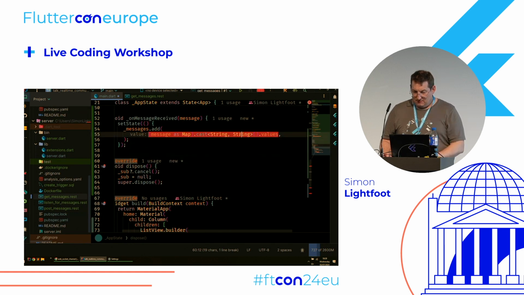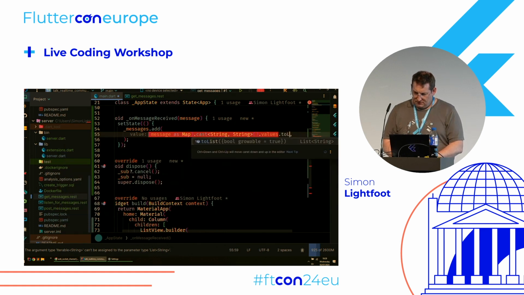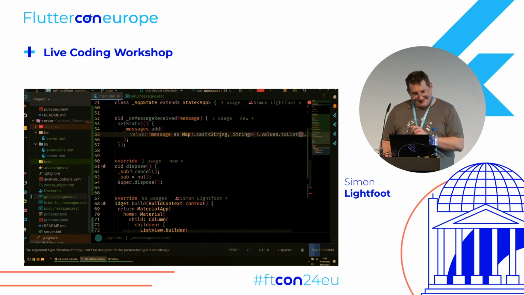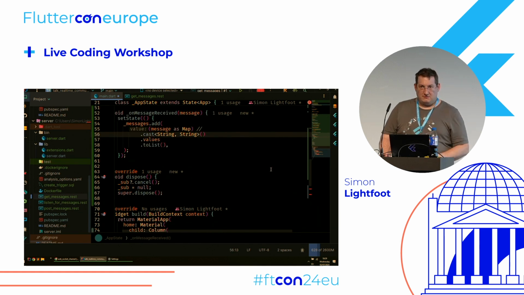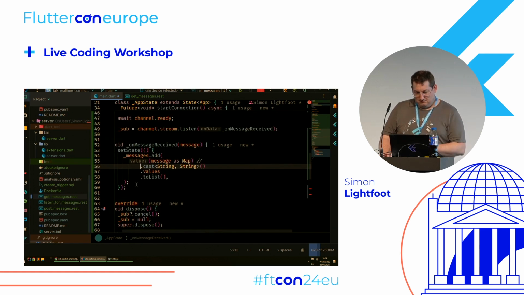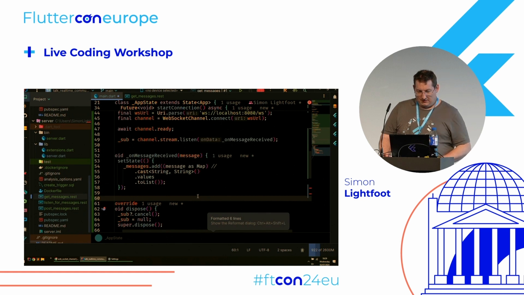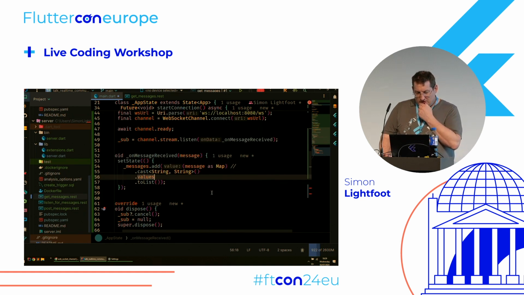Oh no, it's values. Oh, to list. Hang on. I get you every time. Right. If you don't know, by the way, you can actually add the double slash, a line comment at the end of a line, and it will force line breaking, so you can get some nice formatting. Little hack.